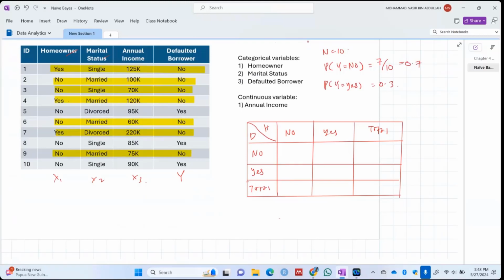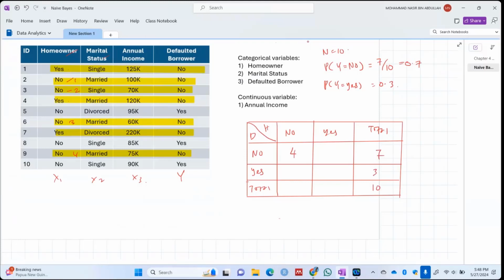Now, if the homeowner is no, the number of no is 1, 2, 3, 4. So we have 4 with default no, homeowner no. And we know that default no is equal to 7. And this is equal to 3, then 10.